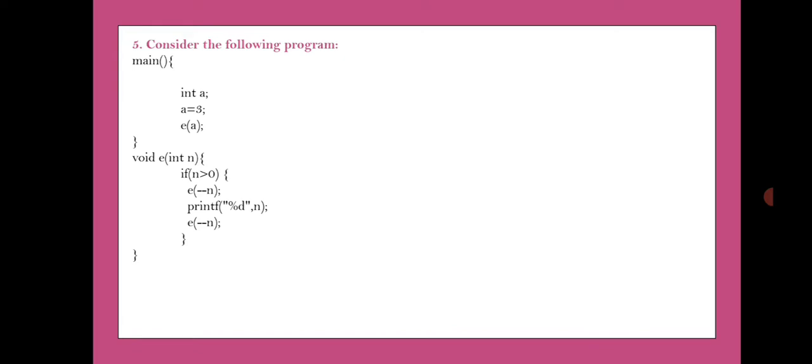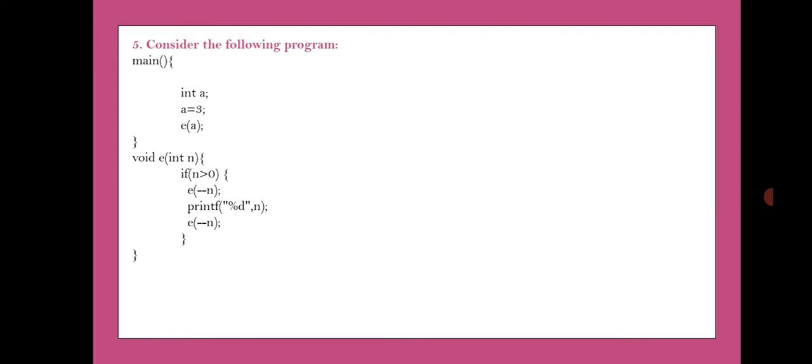So in main we are calling it only once, but here as long as n is greater than 0, we start calling e of minus minus n. Right, we are passing e of a is 3. If 3 is greater than 0, e of minus minus 3, printf percentage d.